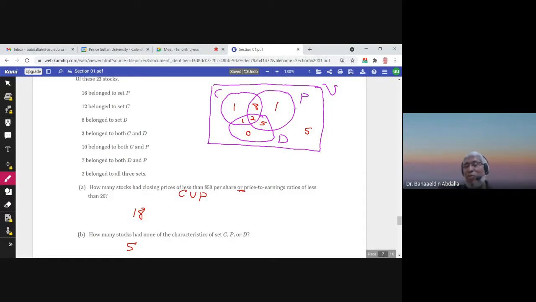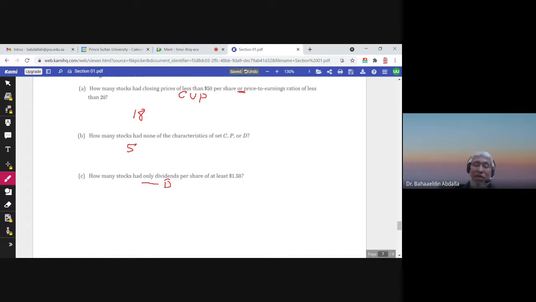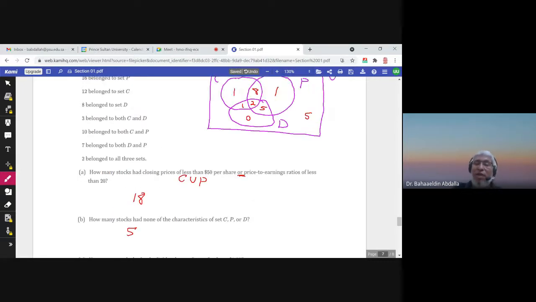If it is only P, there will be 1. If it is only C, there will be 1. But only D, there is nothing, 0. So none of the stocks has only dividend per share of at least $1.5 because no stock is here.